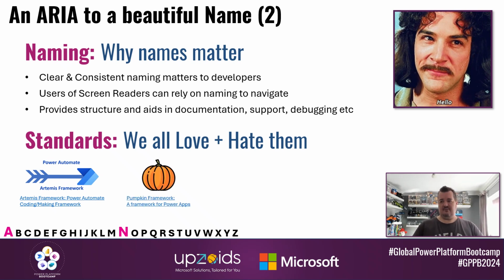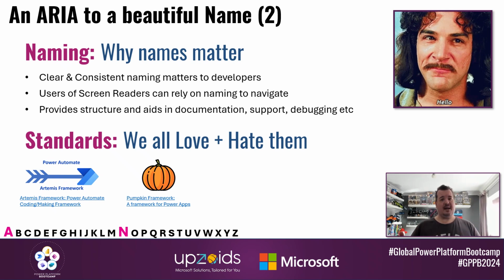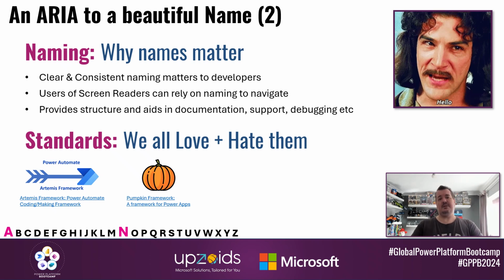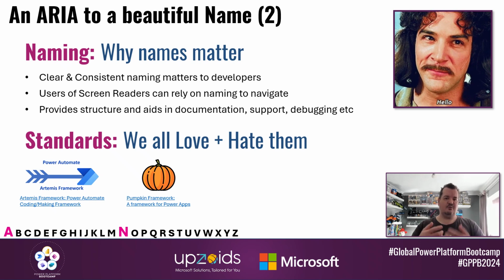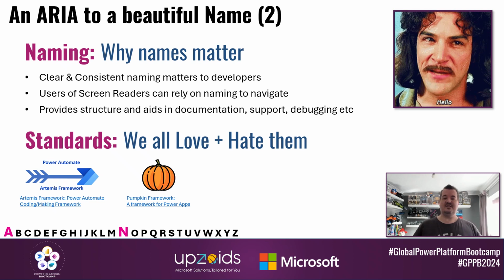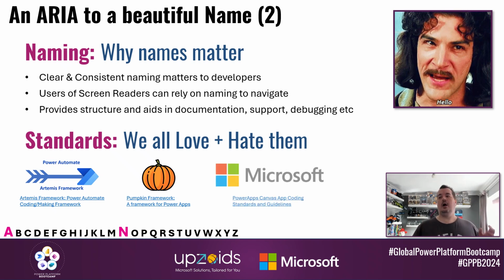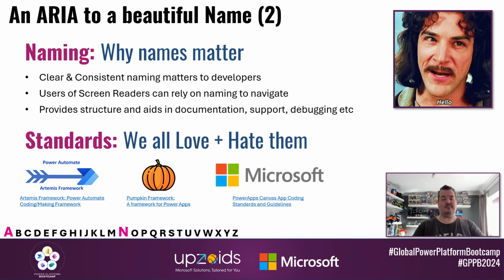There is also the Pumpkin framework. Don't ask me why it's Pumpkin, but it is, which is a framework for Power Apps. Now, this one hasn't been touched in about 2 years. It's on GitHub, as is Artemis. But even though the platform's moved along in those 2 years, there is still a lot of really useful, applicable, valuable stuff in the Pumpkin framework, along with the Microsoft Power Apps Canvas App coding standards and guidelines.